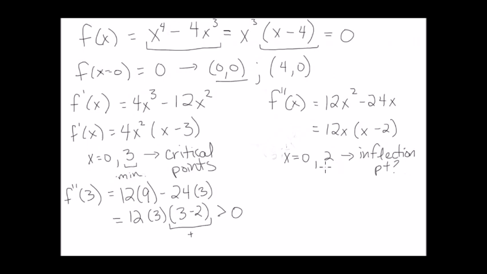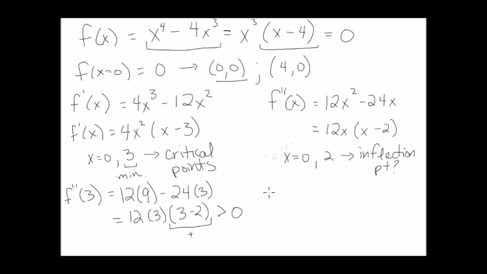I now need to think a little bit farther about x equals 0. It may be a minimum or maximum. It may be an inflection point. I don't know yet. So I'm going to just test the value of the first derivative on either side of x equals 0.